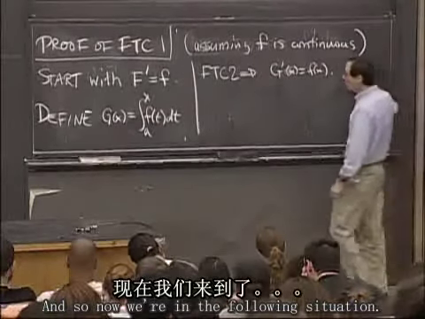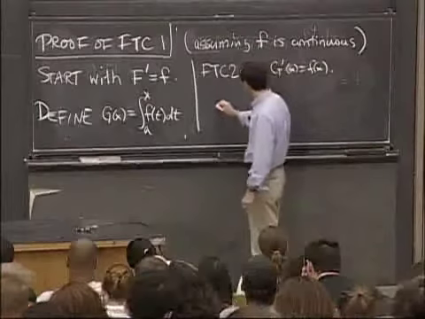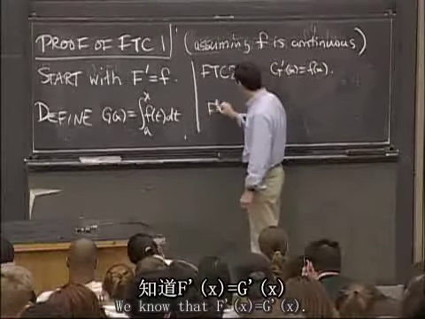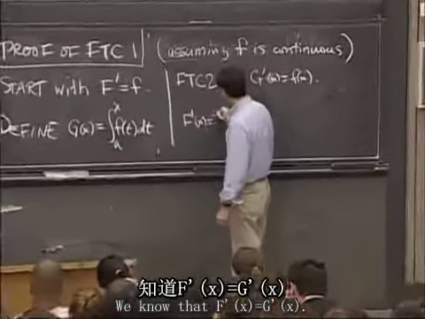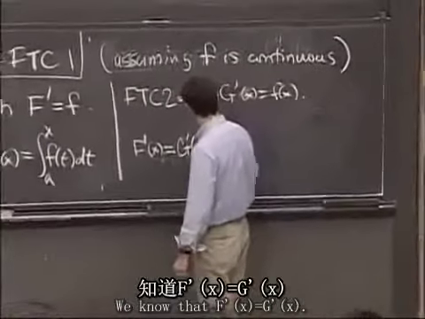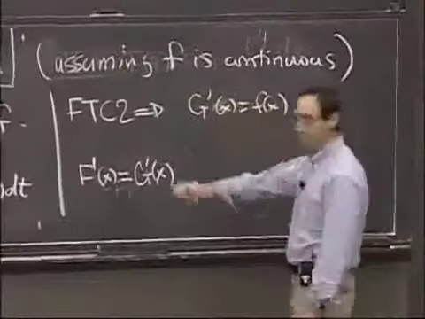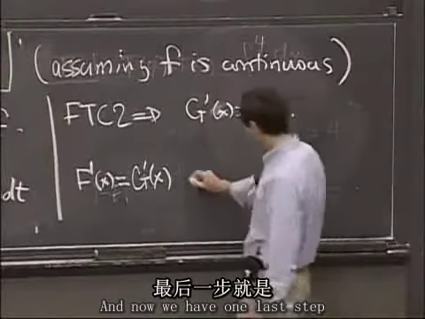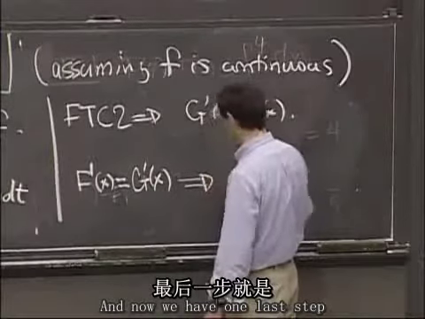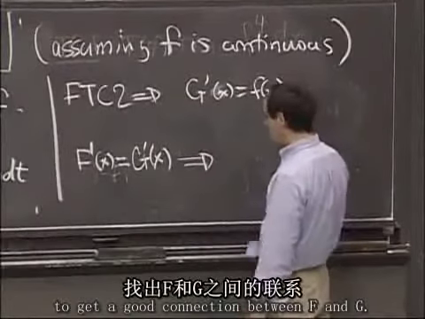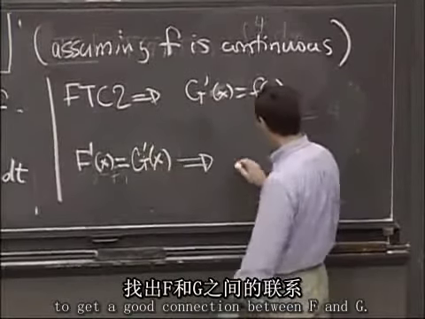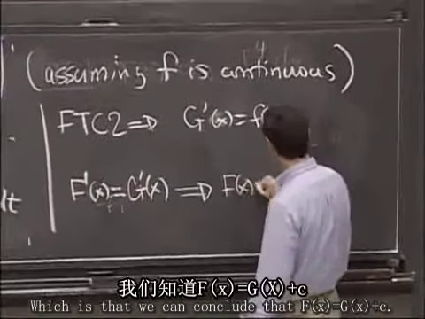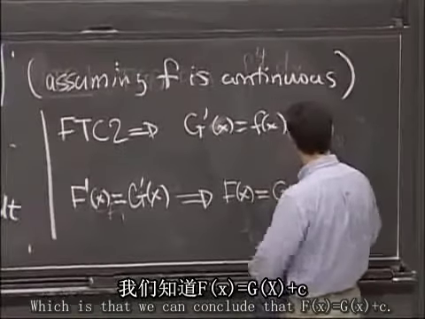And so now we're in the following situation. We know that f prime of x is equal to g prime of x. All right? That's what we've got so far. And now we have one last step to get a good connection between f and g, which is that we can conclude that f of x is g of x plus a constant.